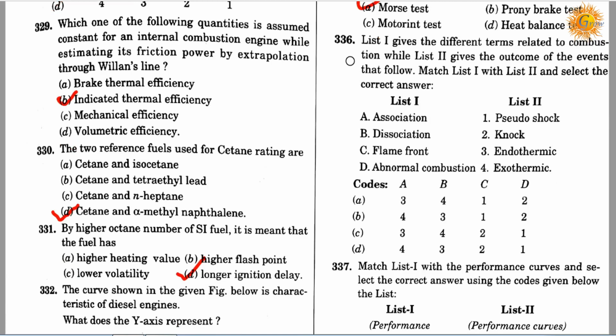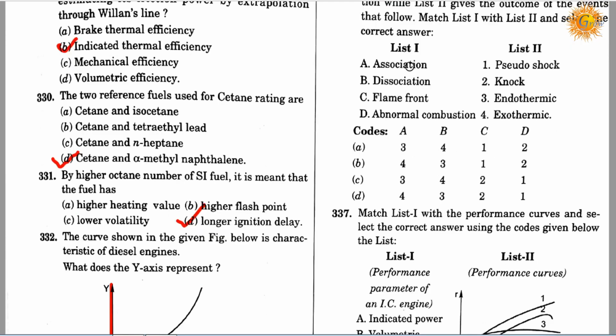Question number 336. List 1 gives different terms related to combustion, while list 2 gives the outcome of the event that follows. Match list 1 with list 2 and select the correct answer. In list 1, A is association, B is dissociation, C is flame front, D is abnormal combustion.